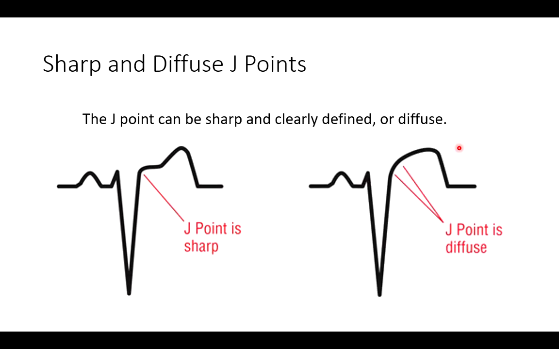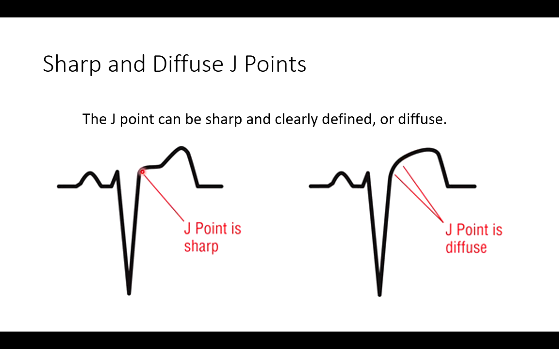Because the J point may not be on the isoelectric line. We may refer to what's called J point elevation or J point depression. Sometimes the J point can be very sharp and clearly definable. Sometimes it's more diffuse, where we're not really sure where the J point starts and stops, because there's really no discernible ST segment.